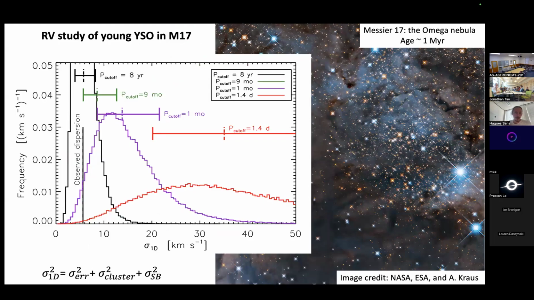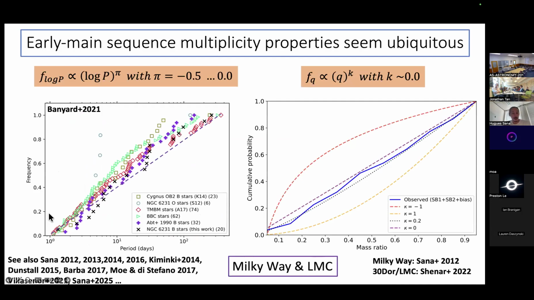It's gone. Do I have a good plot for that? I'm not sure I have a good plot. Those are the observed period distributions. It's not bias corrected. If you bias correct them, you will increase the number of wider separation systems because they are more difficult to detect, and you end up with something fairly flat. This is different from solar type stars, which have a log normal period distribution.